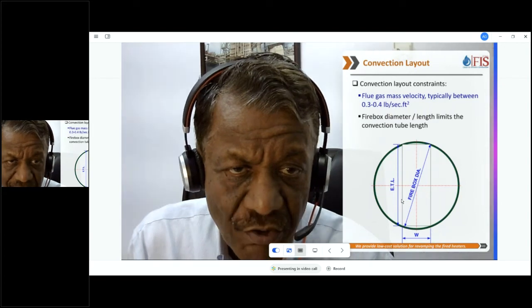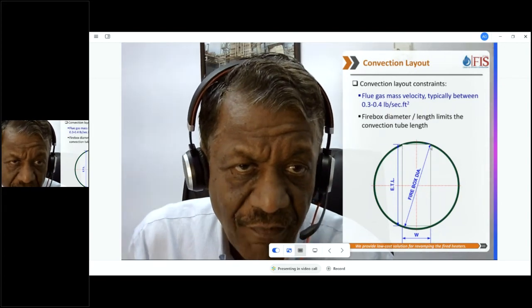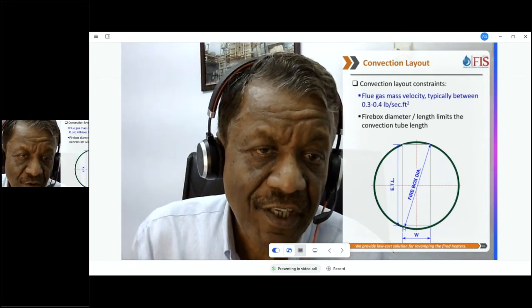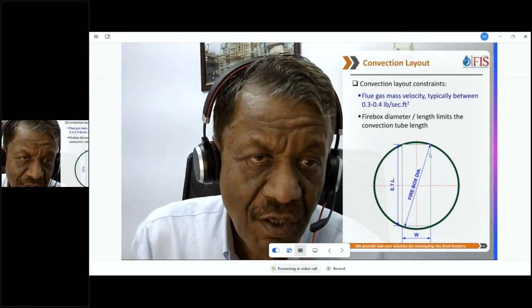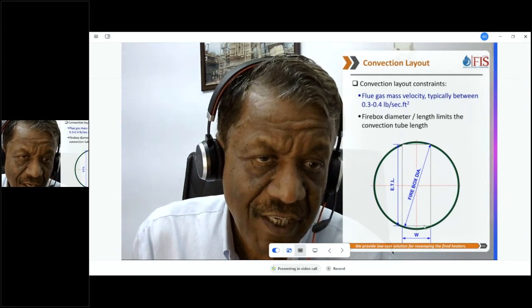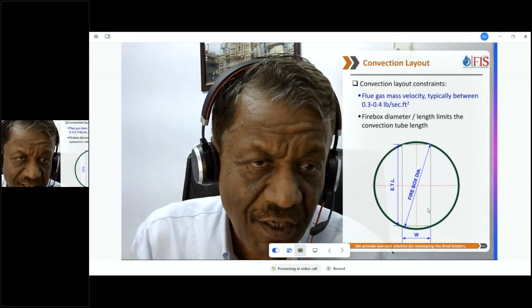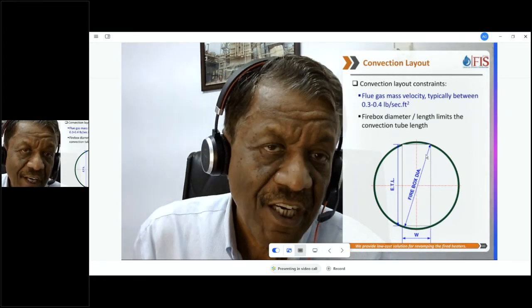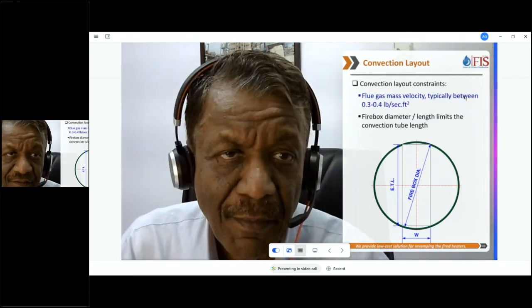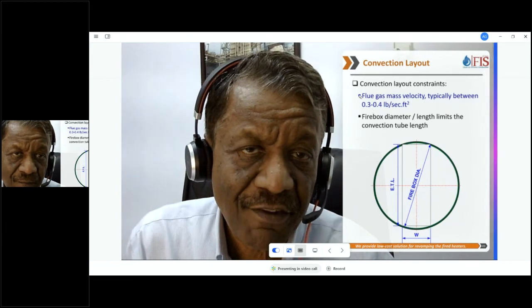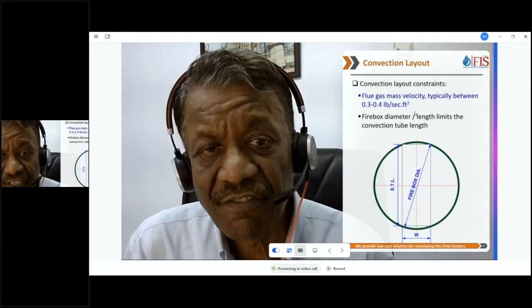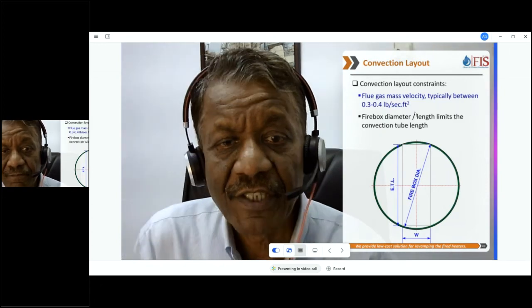The way we do it is all 4 corners should fall on the radiant section casing. So we know the firebox, and if we know how many tubes we are putting, we can get the length of the tubes. And we try to see whether we can get a flue gas mass velocity of about 0.3 to 0.4 pounds per second per square foot. So that's our objective.